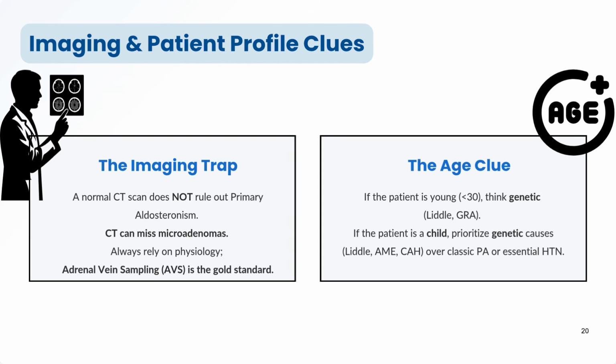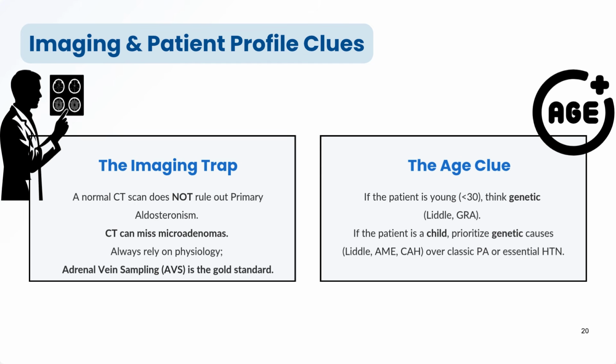So you should never let a clean CT override the physiology. The rule is simple: always trust the physiology over the picture. If the lab screams primary aldosteronism but the CT is normal, keep going. And remember, adrenal vein sampling (AVS) is the gold standard for lateralizing aldosterone production, not CT and not MRI.